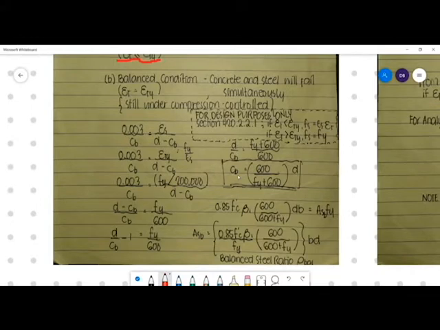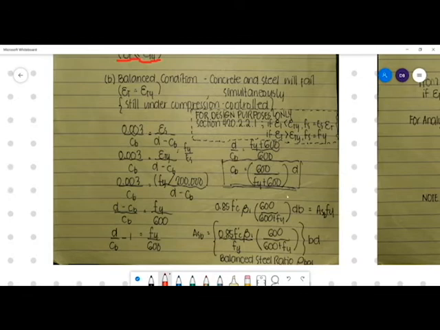So C sub B is equal to 600 over Fy plus 600 multiplied by D. So itong formula 600 over Fy plus 600 is the multiplier of D in order to obtain your extreme compression fiber. And we all know na from the strain diagram, ang C sub B natin is just a fraction of the effective depth.